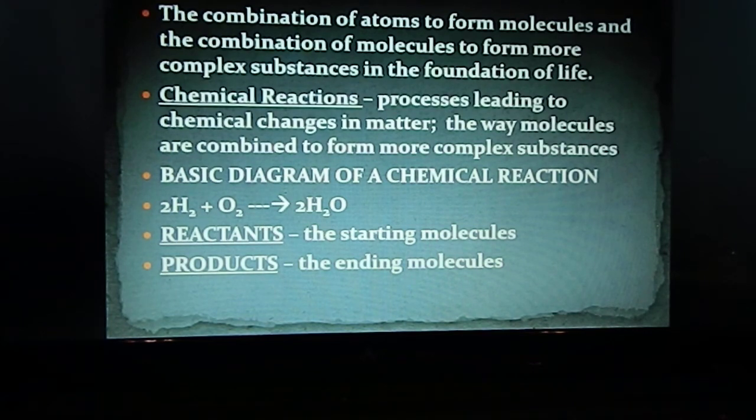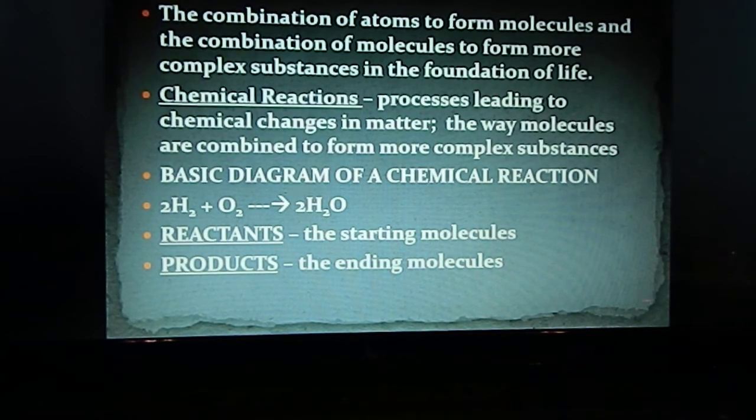And so chemical reactions are the foundation of life. Most of the molecules that are important to life are very large, so these smaller molecules have to be put together to form these larger molecules.